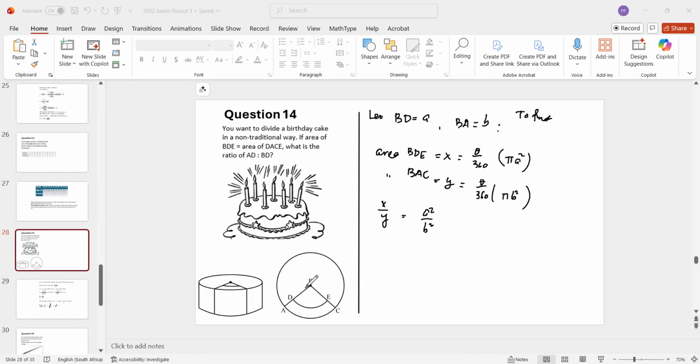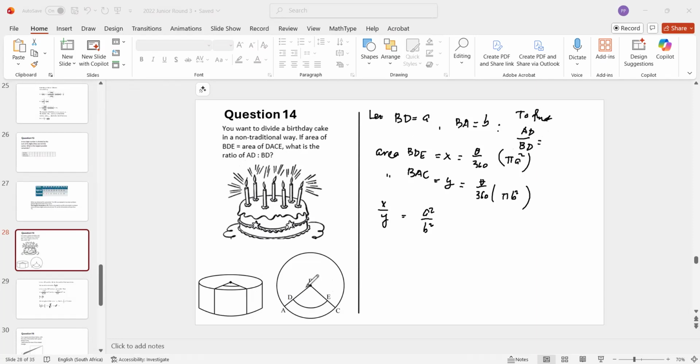Now we said that BD is A, and AD now, the whole thing is B. The BA is A. So AD is to BD, well, it's a fraction. You can put AD over BD. Same thing as that, right?